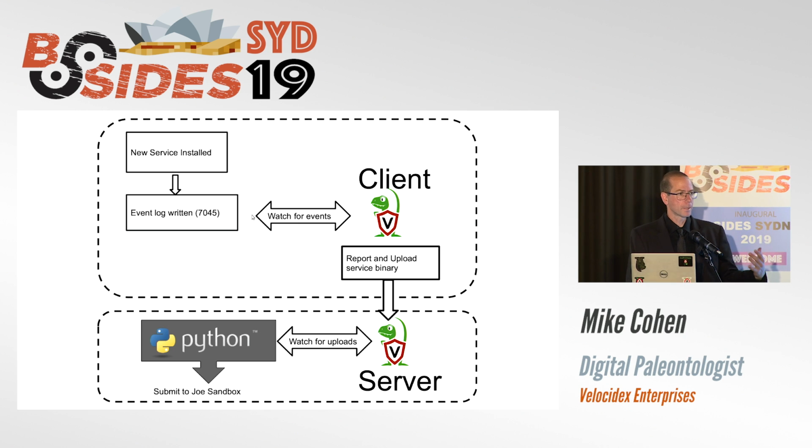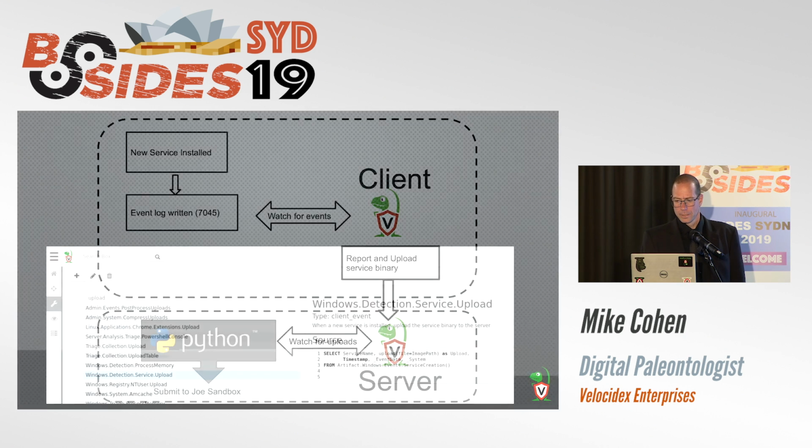When the message occurs, then the Velociraptor client knows that a new service was installed, and then it can extract the binary, and then it will upload the binary to the server. Right? Then on the server, we're going to have a Python script that we're going to watch for those binaries being uploaded, and then in Python, upload it to the sandbox. So that's kind of the plan, right?